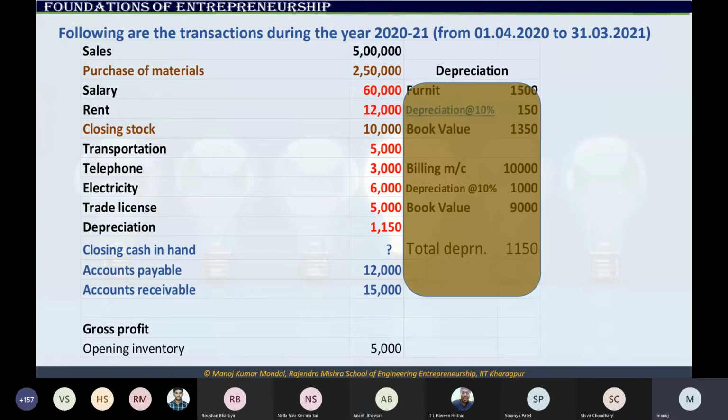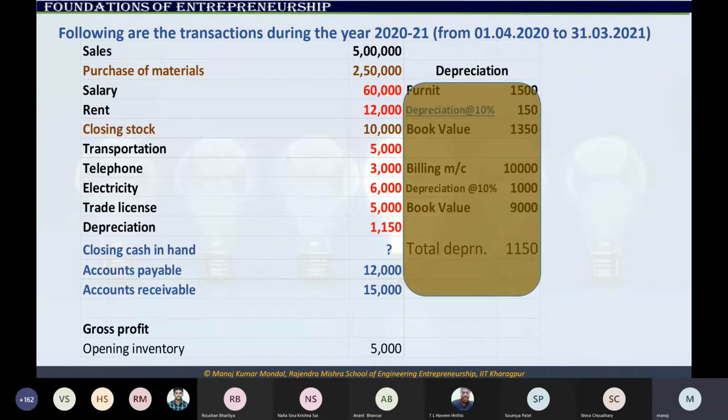At the end of their life, nothing will remain. So whatever is the purchase price, you want to recover that over a period of time. So this is called use up. You have used up a percentage of the machinery or other fixed asset during the year, and you want to charge that in the profit and loss account as expense. You have spent that money, meaning you have spent a part of your fixed asset during the year. That is what depreciation is.